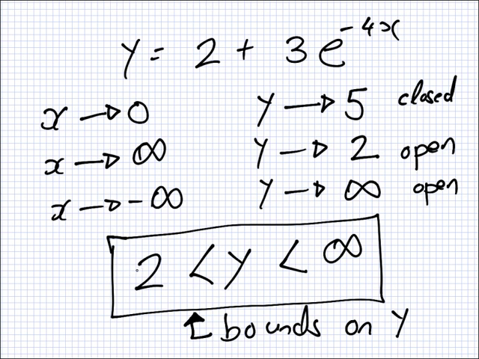They have never asked for both boundaries. So, a typical exam question might be, what is the smallest value of y? So, 2. y must always be bigger than 2. So, no 2. You could say, what is the lower boundary of y? It wouldn't be 3 by your logic, it'd be 2 point something.